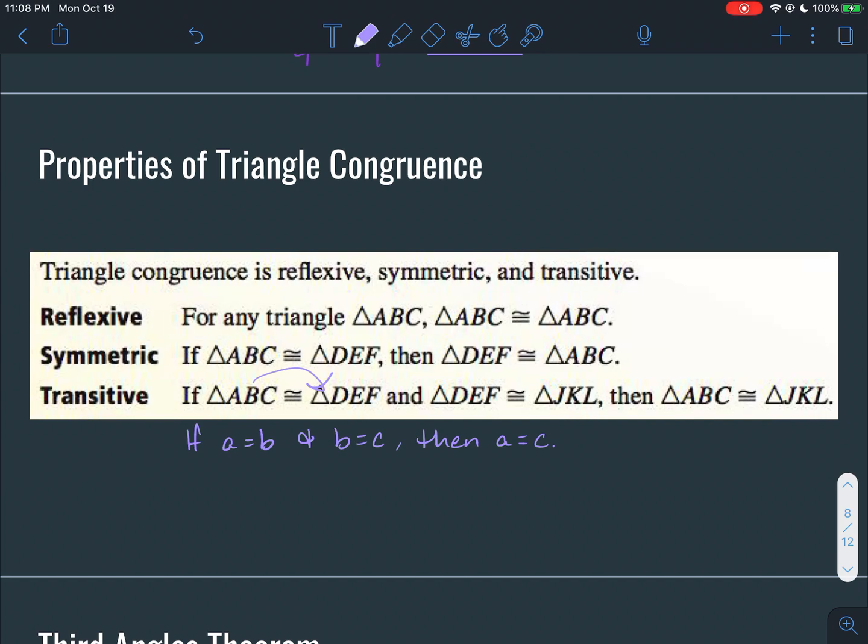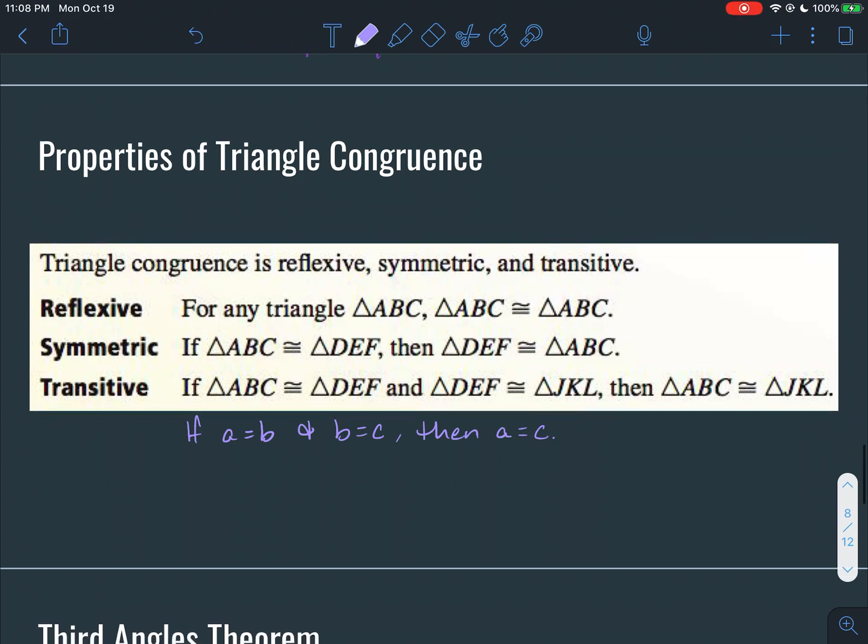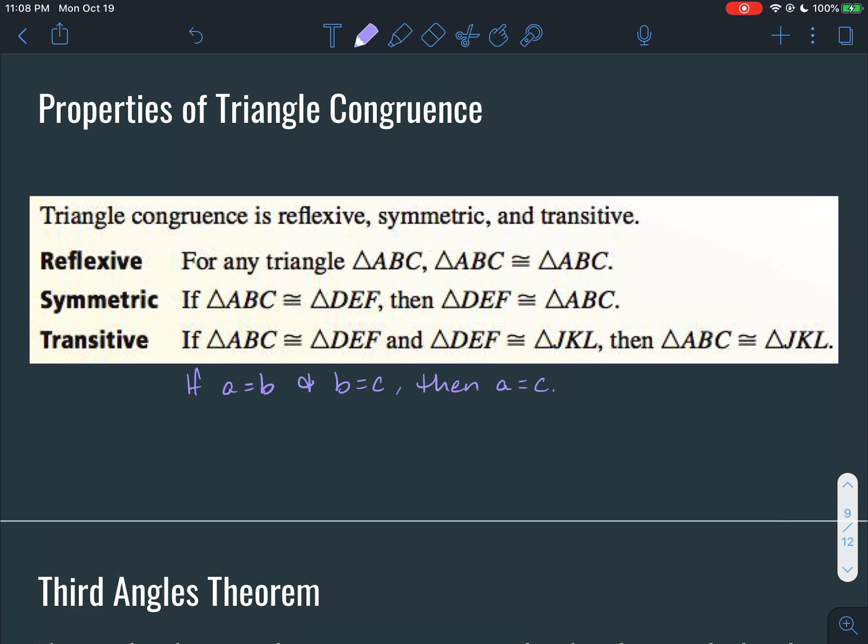If ABC is congruent to DEF, and DEF is congruent to JKL, then ABC is congruent to JKL. Again, with us not doing proofs, you might not see those as much, but you just need to be generally aware of them.